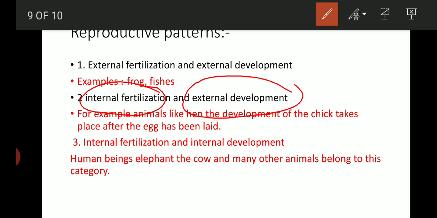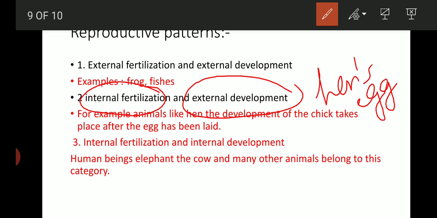For example, if we see the hen's egg, it has an outer covering which is made up of calcium carbonate, and inside it there is a liquid, a secretion of the cell, and the development of the chick takes place after the egg has been laid.